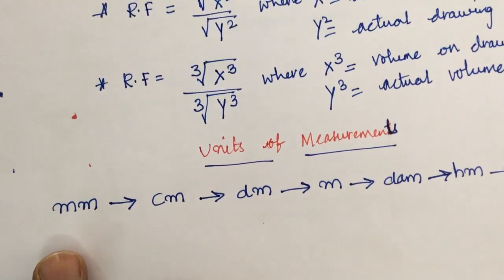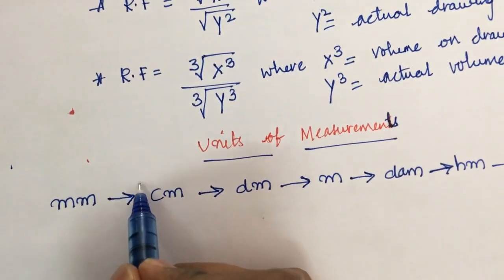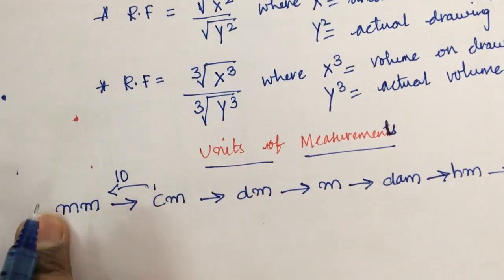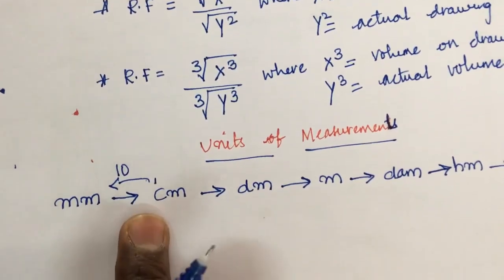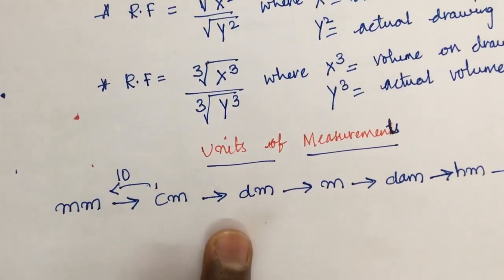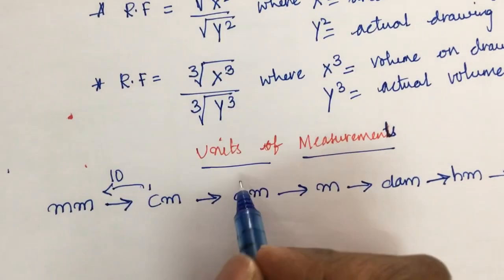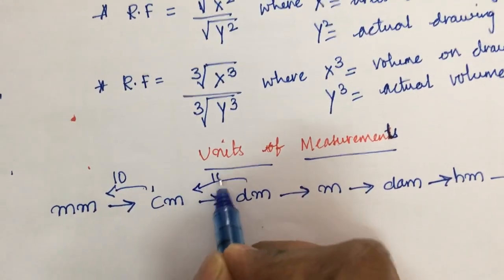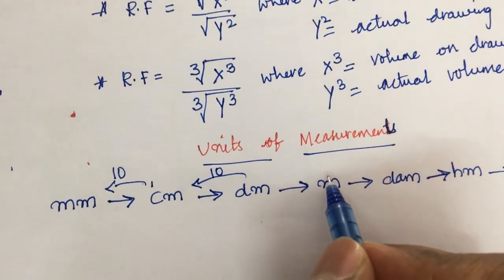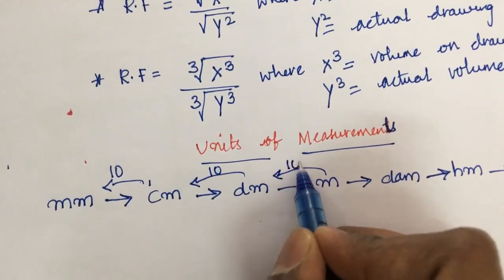Here, 1 centimeter equals 10 millimeters, dear students. 1 centimeter equals how many millimeters? 10 millimeters. Similarly, 1 decimeter equals 10 centimeters. The preceding one you are going to get 10. Now, 1 meter equals 10 decimeters.